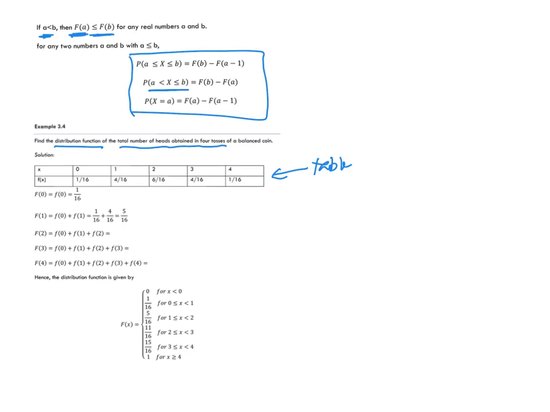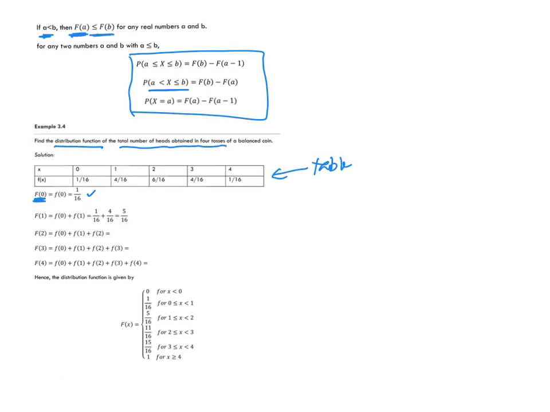So after you calculate all the probabilities, when x equals 0, the probability is 1 over 16. If you are going to calculate the cumulative distribution function where x equals 0, since the lowest value is 0, the cumulative distribution function equals the probability of x equals 0. Therefore, the value is 1 over 16.